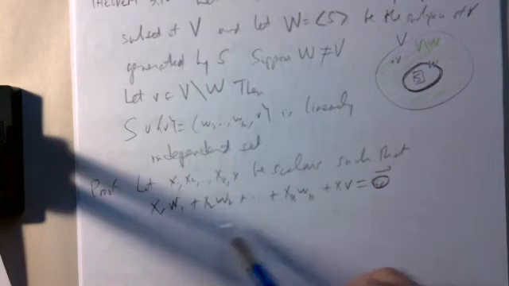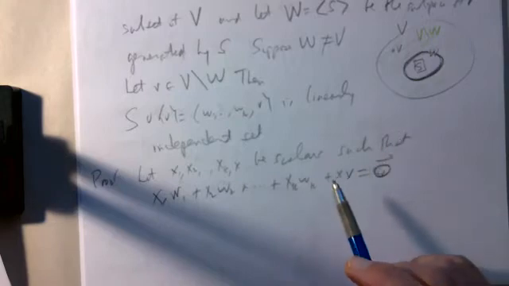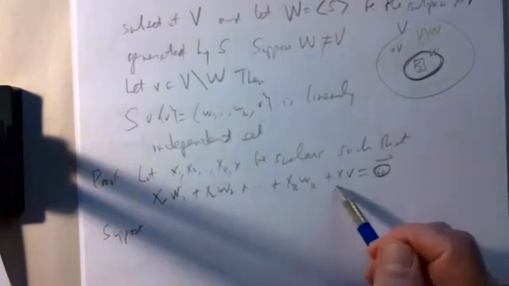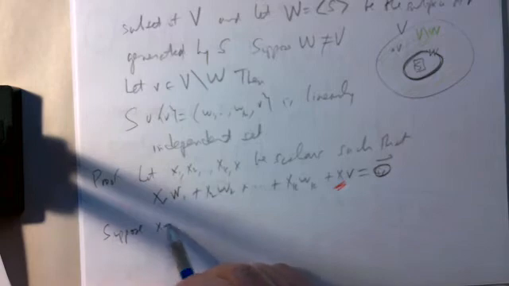I want to show all these coefficients, the x's, are 0. Suppose not. Suppose x, this coefficient, is not 0.